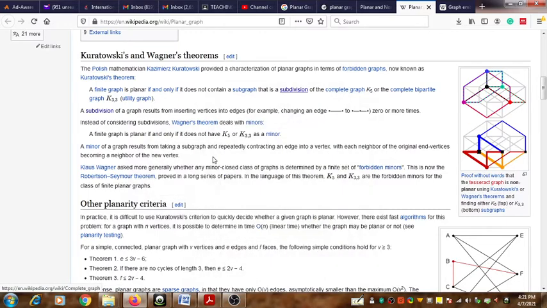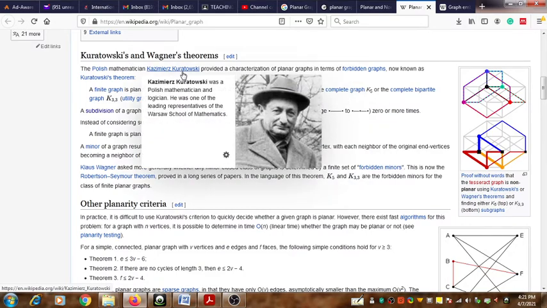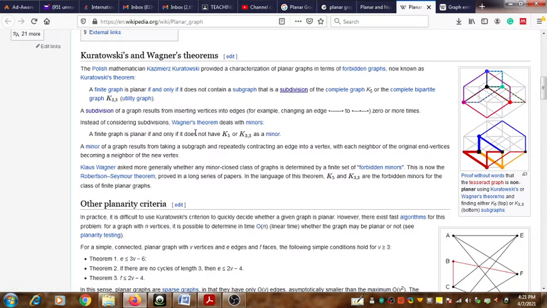But in both results you can see a very interesting thing: the forbidden graphs, K5 and K33, are equally used in both. These are the similarities and differences of the two results. The first theorem is known after Kuratowski, and the second theorem is known as Wagner's.